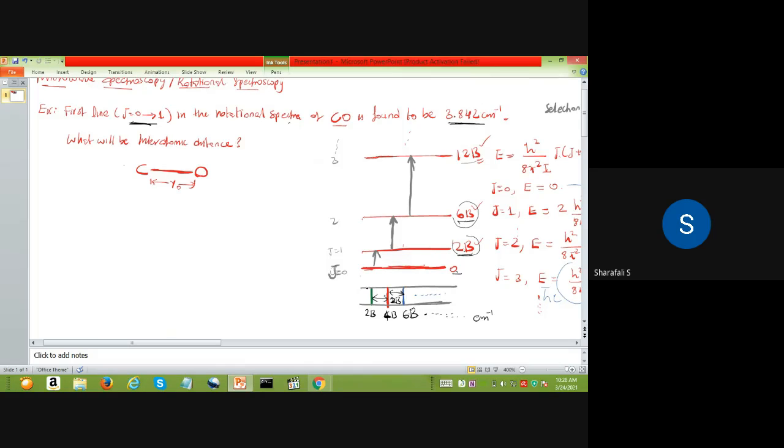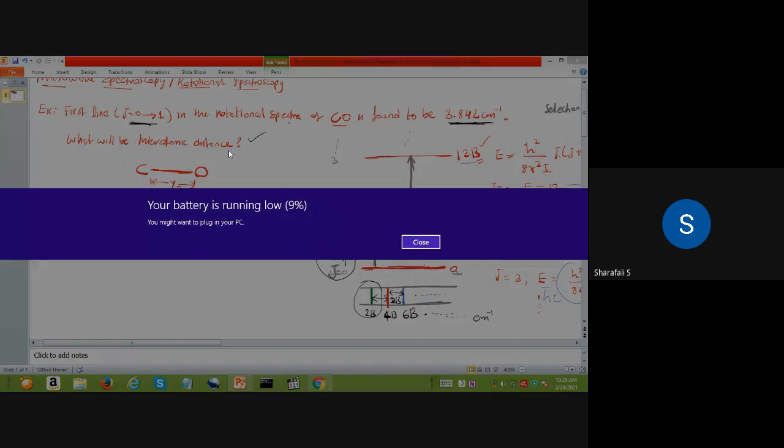This first line corresponds to the transition J equal to 0 to 1. For that transition, we get this particular spectral line, in green color, which is observed experimentally at 3.842. Now, what will be the interatomic distance?